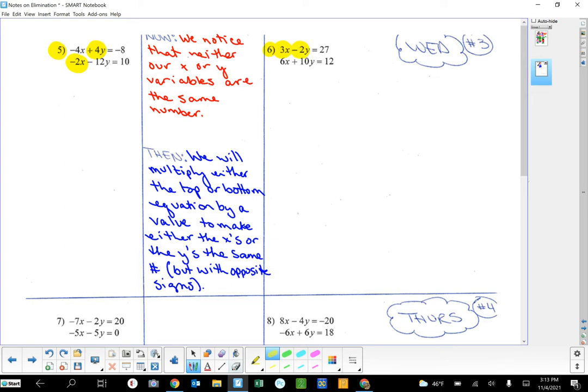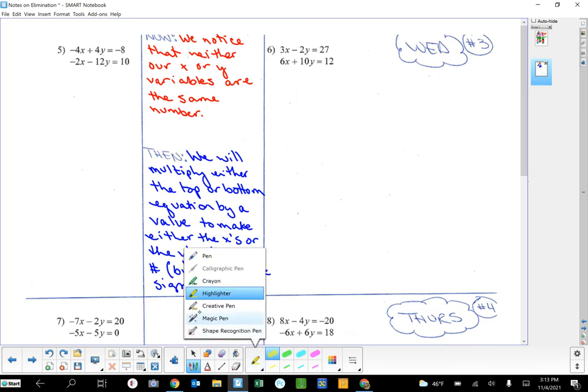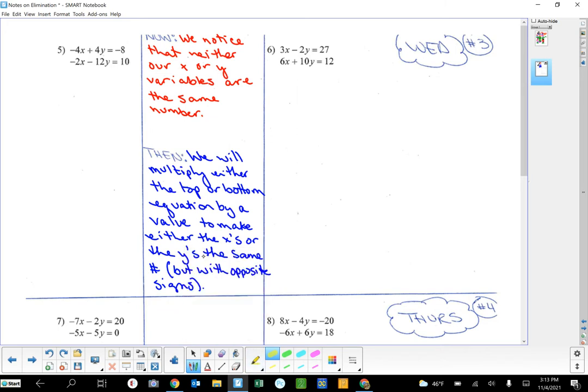So that's your goal here, is to multiply an equation by a value to make the numbers the same, but the signs different. I'll make a couple choices here, and you just follow through and see how that goes for you. So for this first one, I'm going to multiply this first equation by a 3.